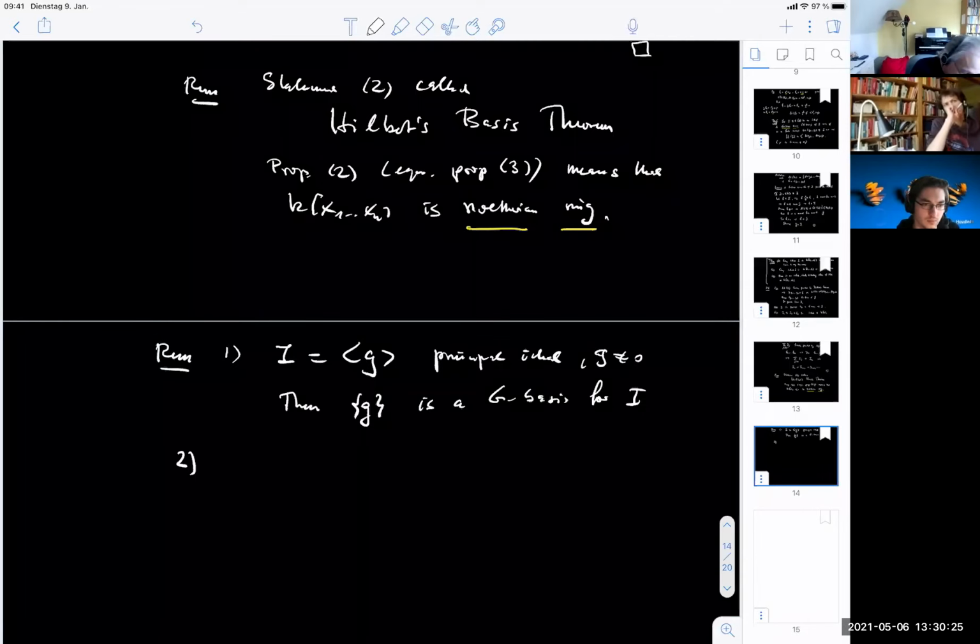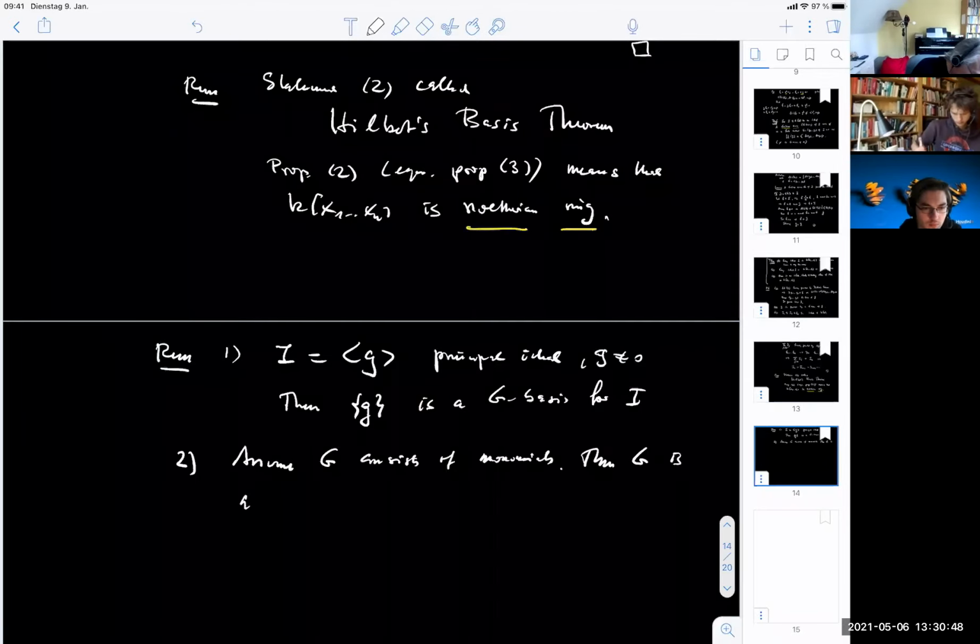If I have a monomial ideal, assume G consists of monomials, then G is a Gröbner basis for this ideal.